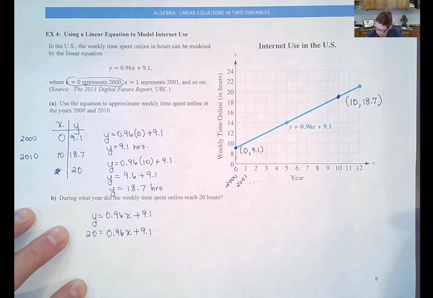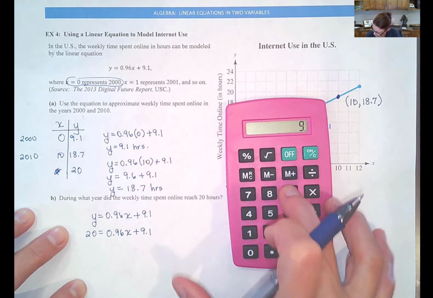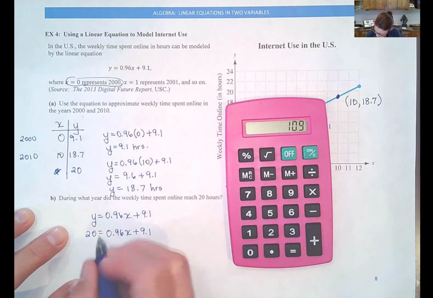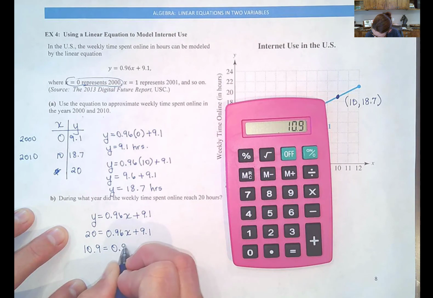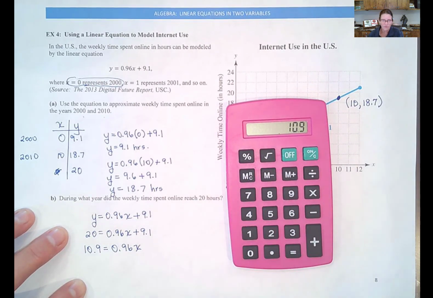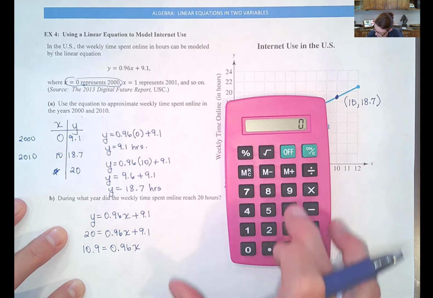Subtract 9.1. And then divide each side by 0.96.